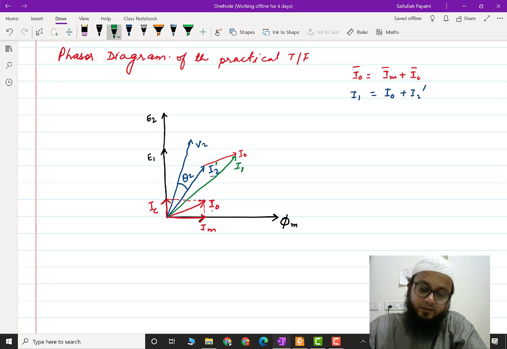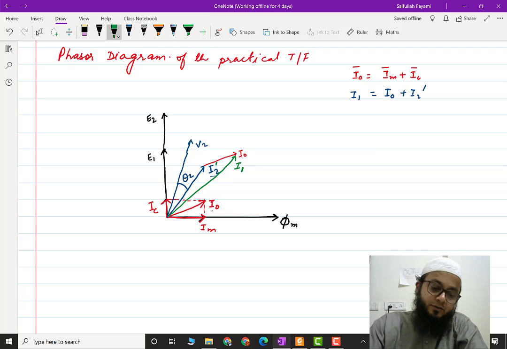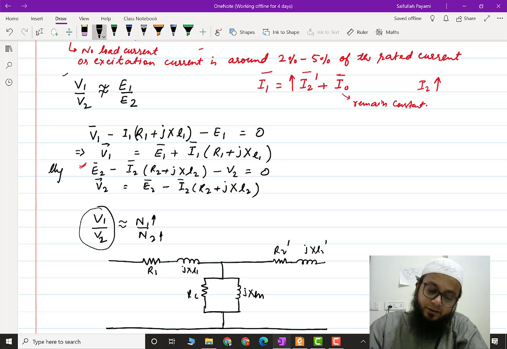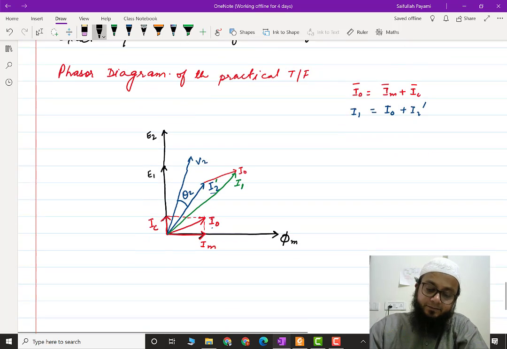So this is I1 here. So what about V2, this expression? V2 plus this drop would be the induced EMF at the secondary side.